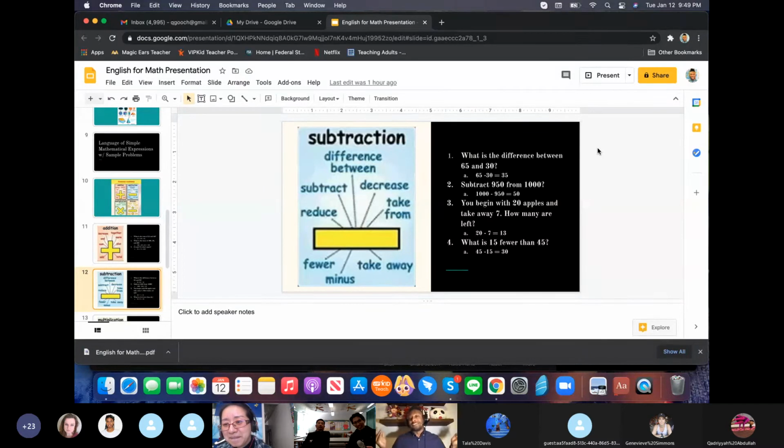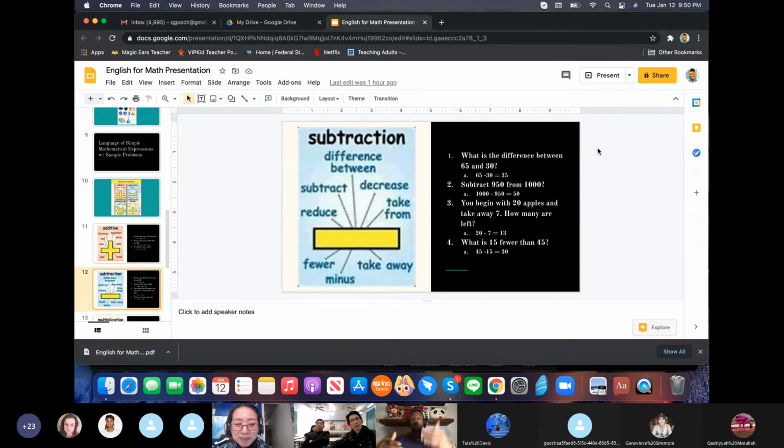You would just say, "What is 65 minus 30?" And so I think some of these are definitely more academic in use when you're actually in a math class discussing these terms. But especially take away and fewer than, those are a little more common. But I think if you know minus and subtract, you're definitely on the right track.